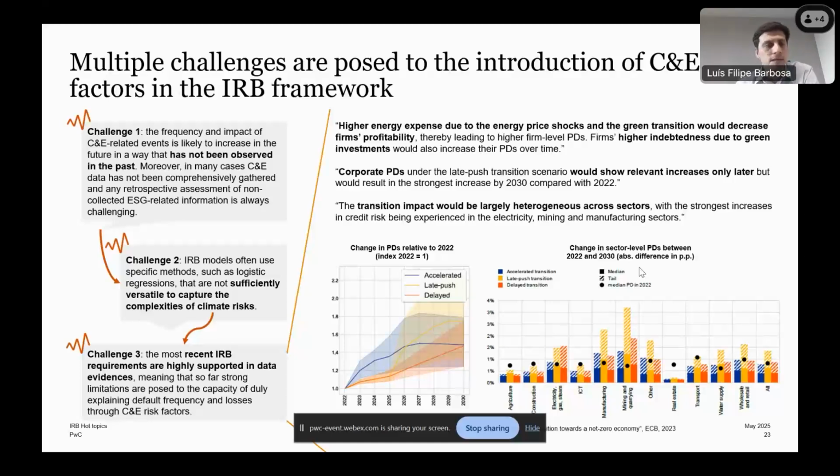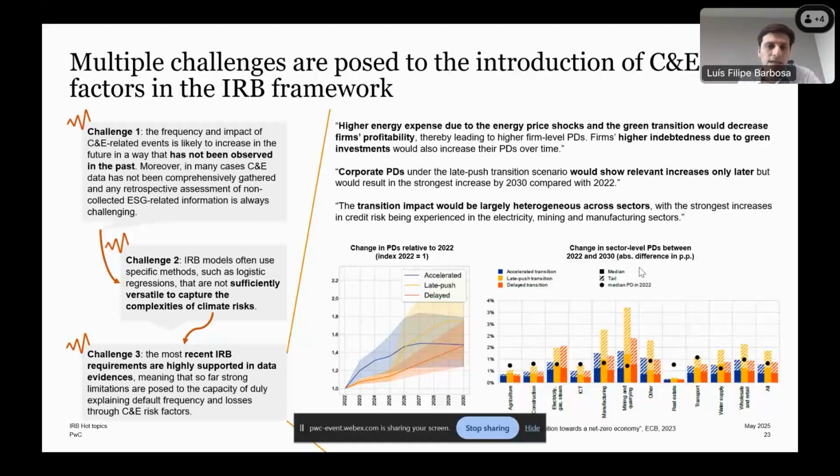We also know that this increase will not be so significant in the first years. It will be aggravated in the following years, but all of this will be highly dependent on the scenario. As you can see in the graph on the left, if we face a more accelerated transition, companies will face increased costs, so their PDs will tend to increase fast and then slow down.